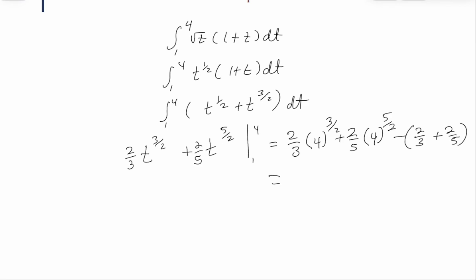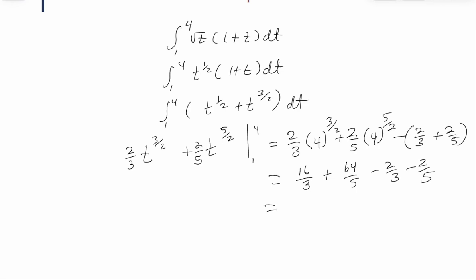Now let's analyze this piece for a minute. This tells me to take the square root first. The square root of 4 is 2. 2 to the 3rd power is 8. 8 times 2 is 16. So make that 16/3. Now I'm going to do the same trick here. That would be 2 to the 5th power, or 32, times 2 is 64/5. Minus 2/3 and minus 2/5.